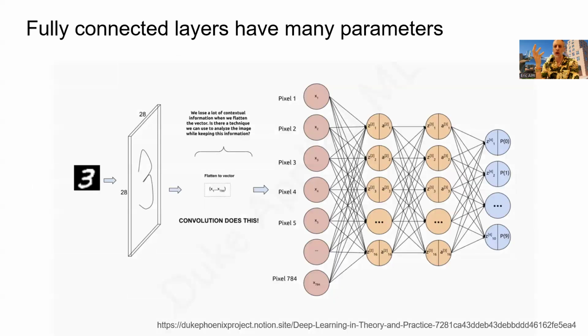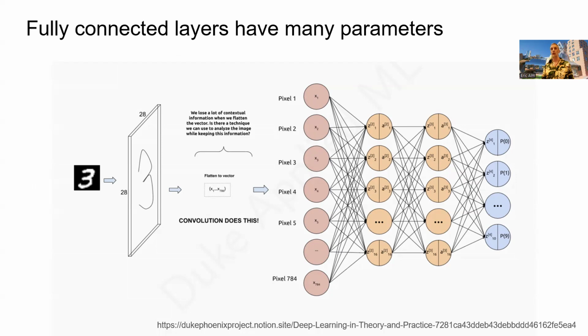Okay, so why are we making these convolutional layers? Well, one way to analyze, let's say, this handwritten digit, and probably the easiest way to do it, would just be to take that two-dimensional matrix and splay it all out in one dimension.